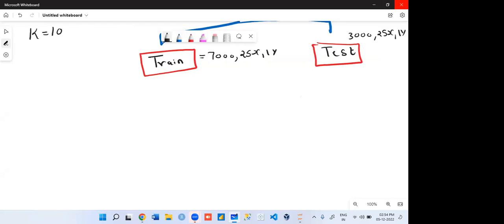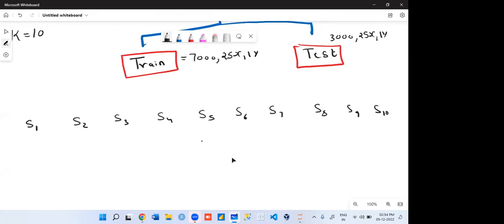Now, if I break this train data into 10 parts, I'll call them sample 1, sample 2, sample 3, sample 4, 5, 6, 7, 8, 9, 10. Clear, guys? Now, 7,000 divided by 10. In each, how many rows will we have? 700 rows.